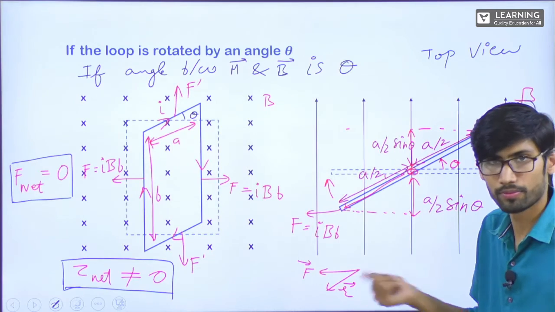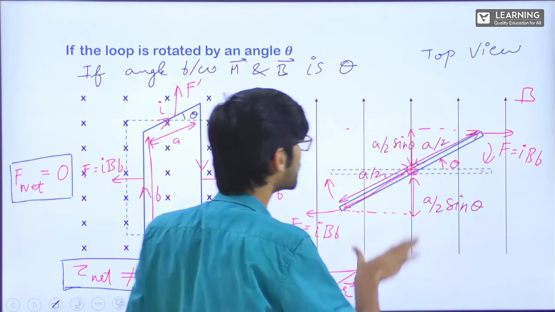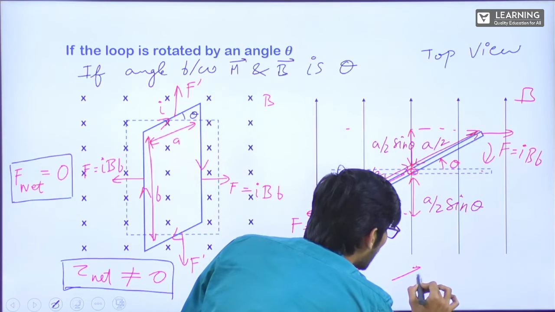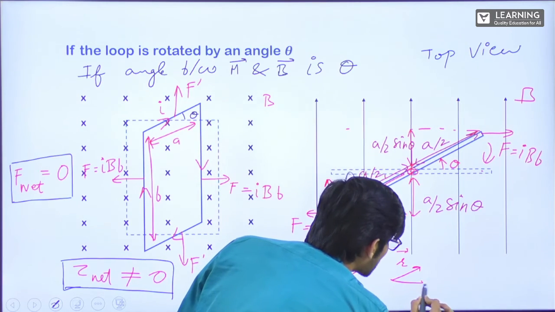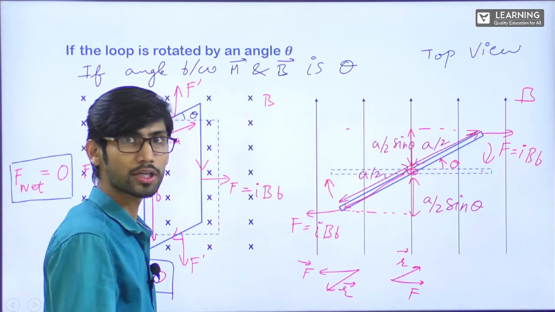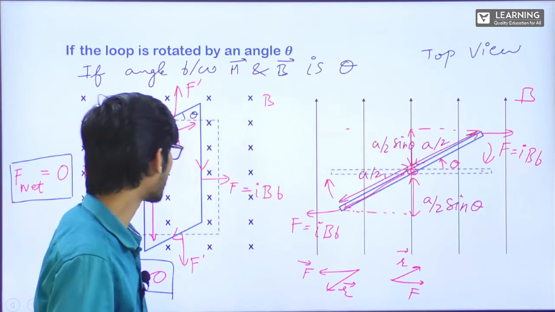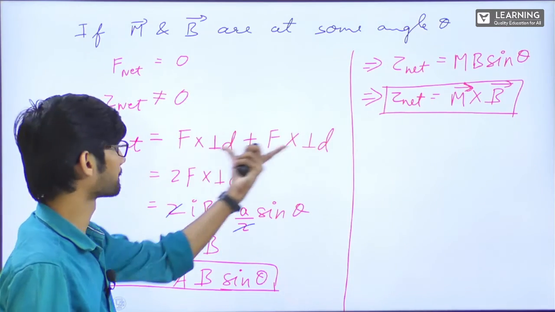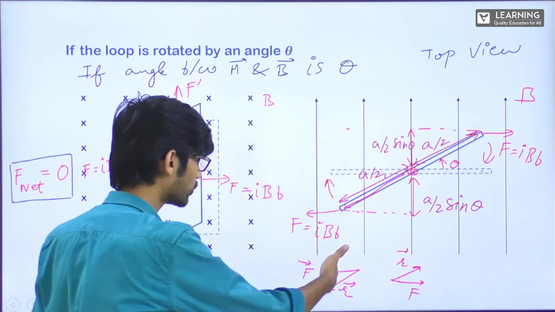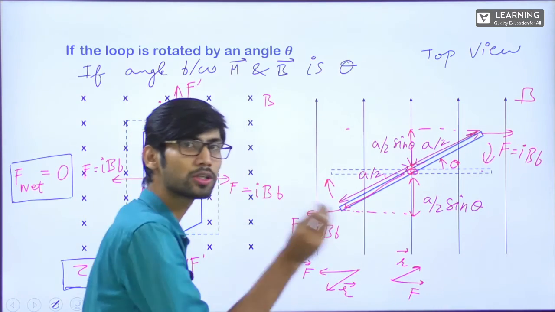Here also, R cross F: R is this, F is this. Again, my thumb is going inside. Both times, the torque direction was the same. That's why we added them first. Second, the direction of torque is inside. Due to this also inside, due to this also inside, total torque is inwards.